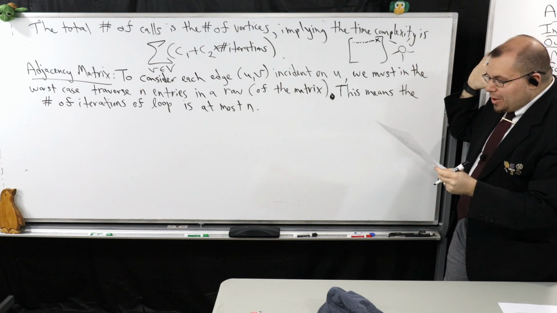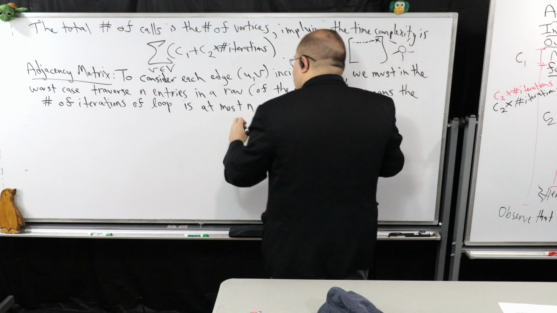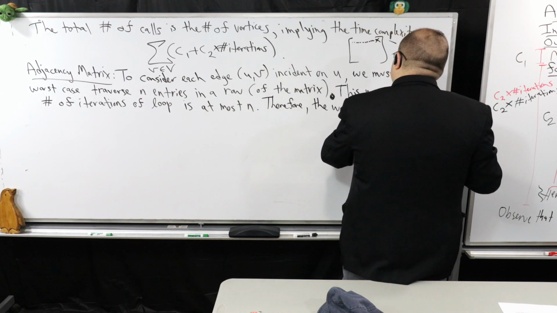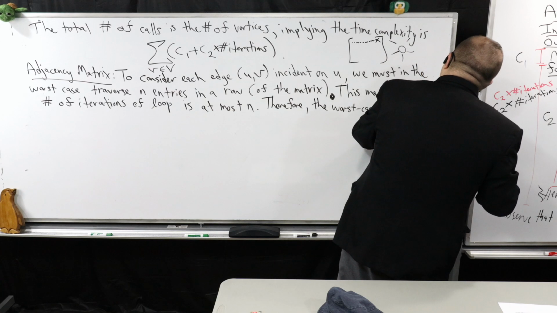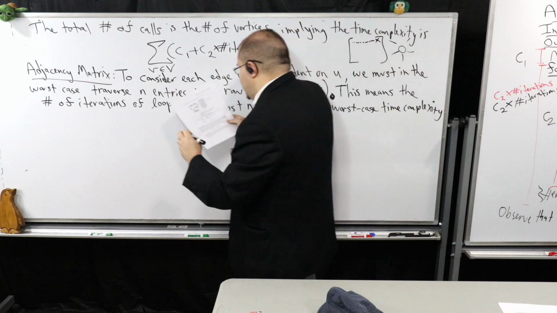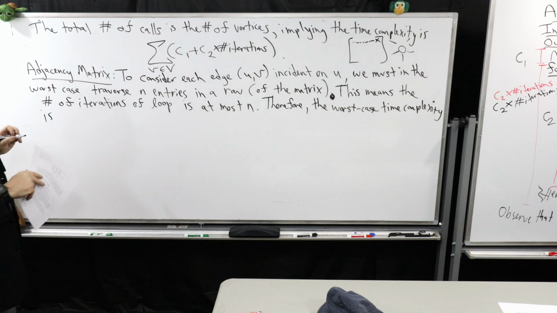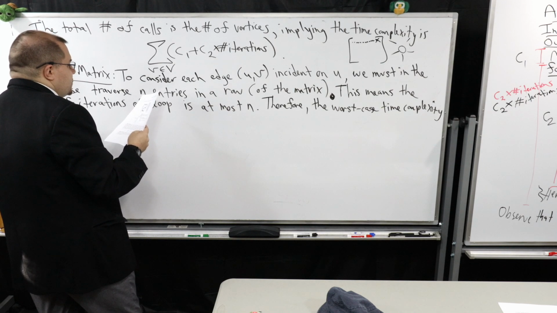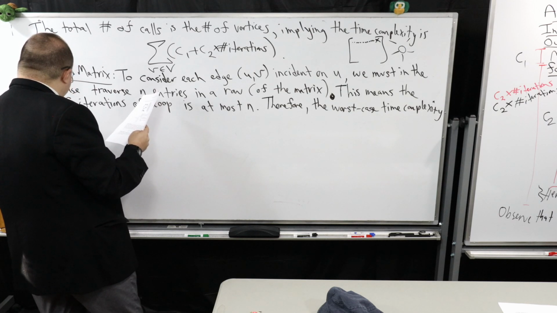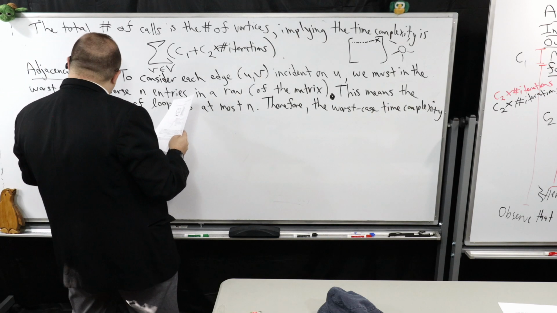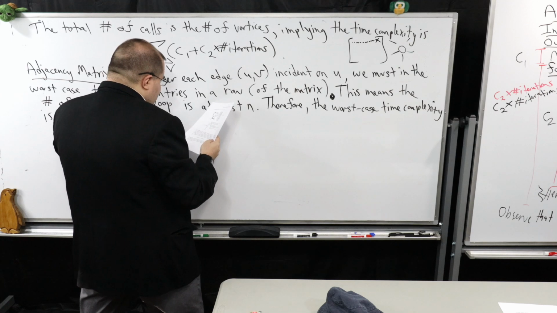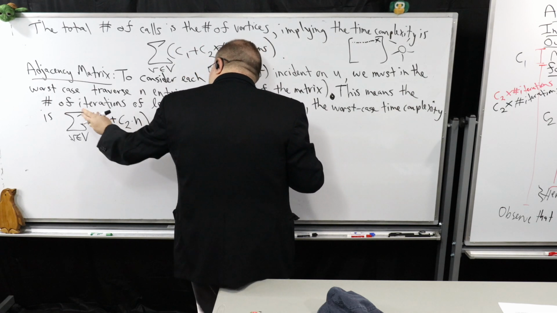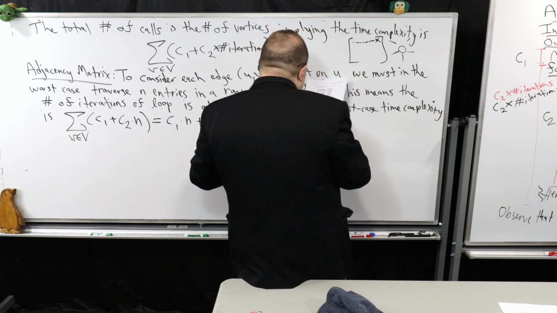So what does that mean? I'm just going to put it in there. Therefore, the worst case time complexity is, substituting n for the number of iterations, the sum over all the vertices v of C1 plus C2 times n, which of course is C1 times n plus C2 times n squared, because I have n vertices and I do this for each one of those.